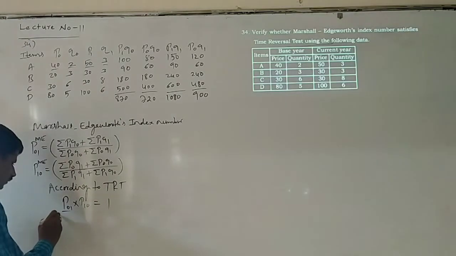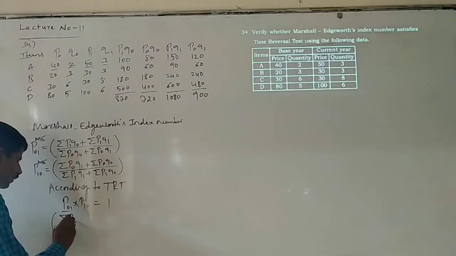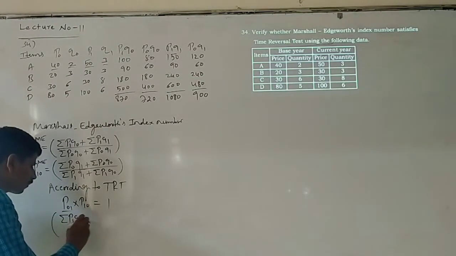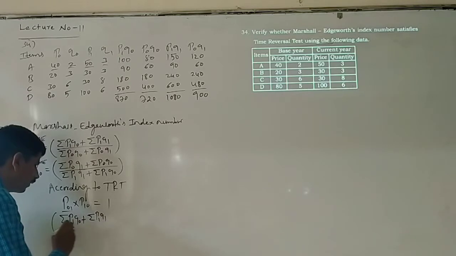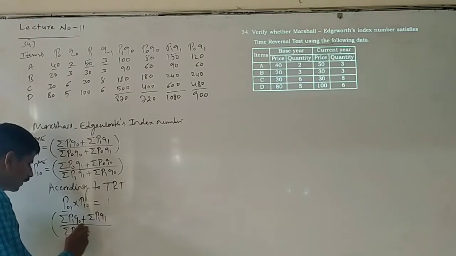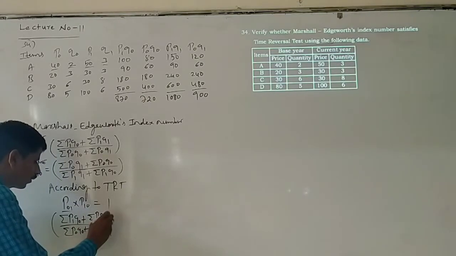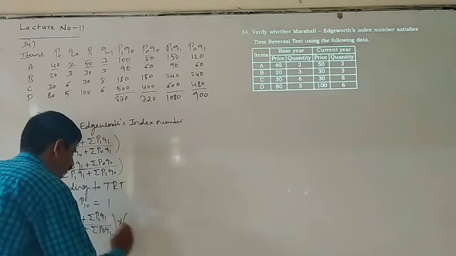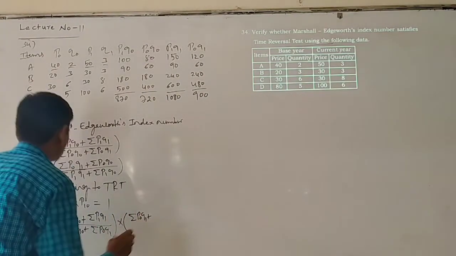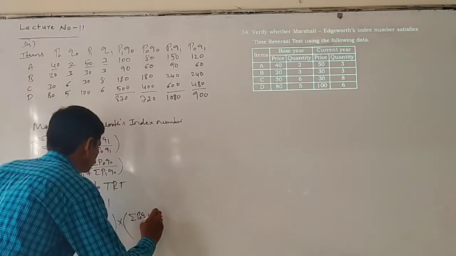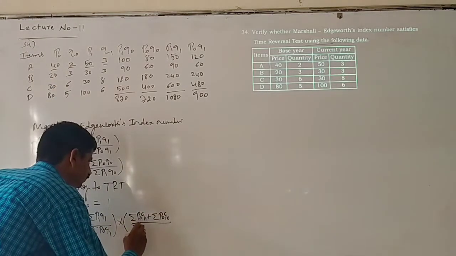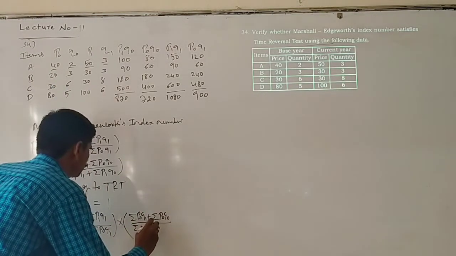P01 formula is sum of P1 Q0 plus sum of P1 Q1 divided by sum of P0 Q0 plus sum of P0 Q1, into P10, sum of P0 Q1 plus sum of P0 Q0 divided by sum of P1 Q1 plus sum of P1 Q0.